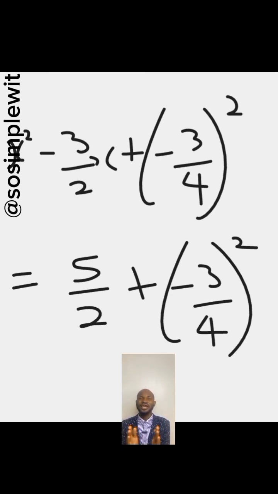Okay, so now we have found the square of half of the coefficient of x, and we've added that on both sides of our equation. So now we have this simple mathematical statement: x squared minus 3x over 2 plus, open bracket, minus 3 over 4 all squared is equal to 5 over 2 plus, open bracket, minus 3 over 4 all squared.